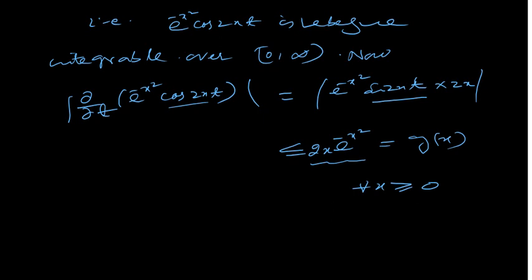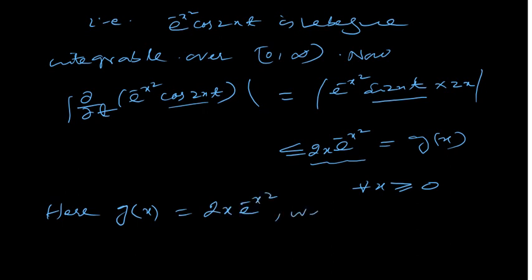Since the function g is positive, if the improper integral of g of x exists, then g is Lebesgue integrable. So here g of x is equal to twice x e power minus x square. Let's check its improper integral.